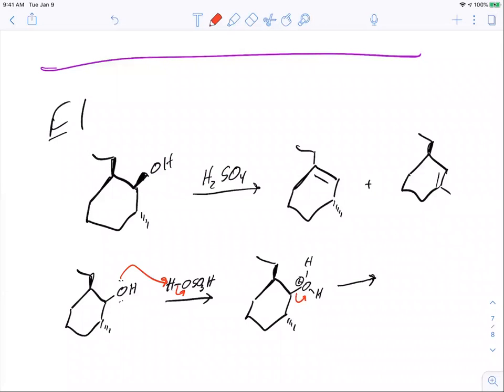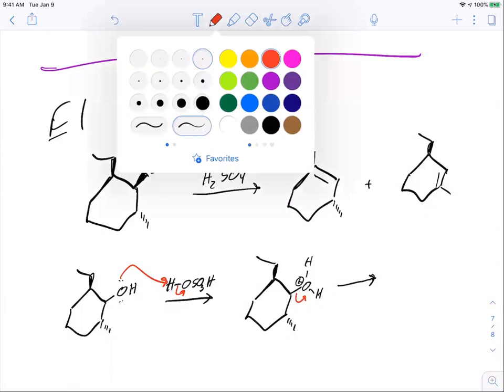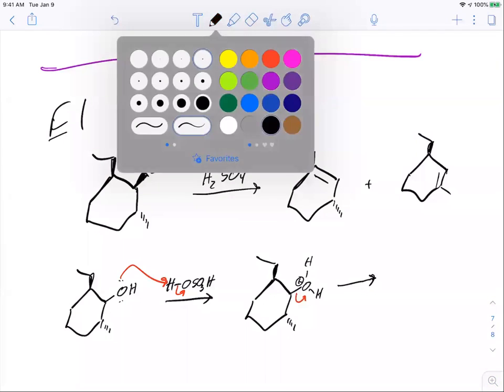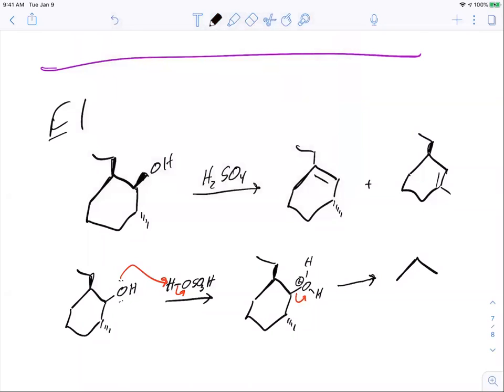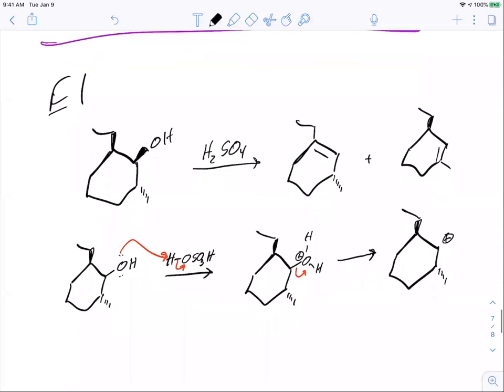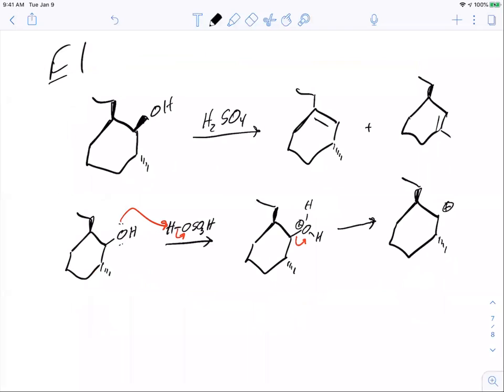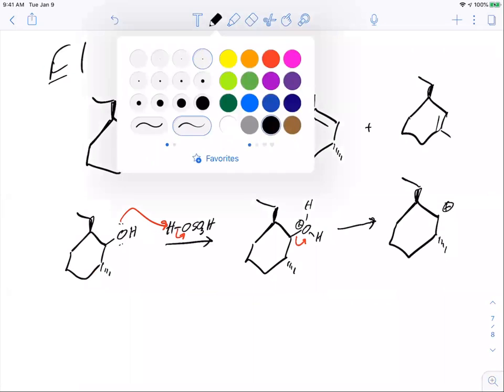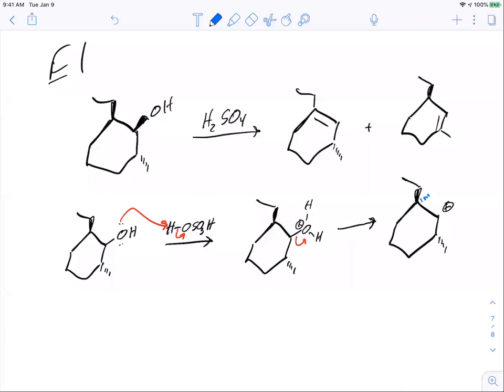Then we get water to leave. Right, now we have that carbocation. I'll go ahead and draw in my beta hydrogens, right?